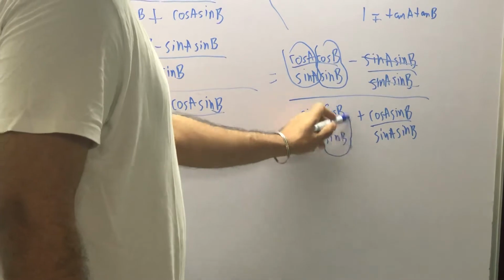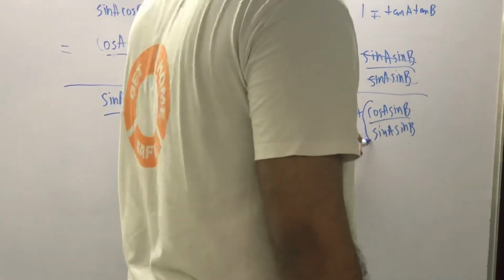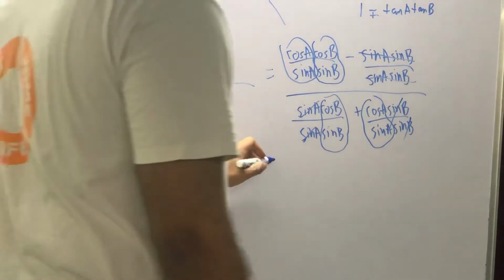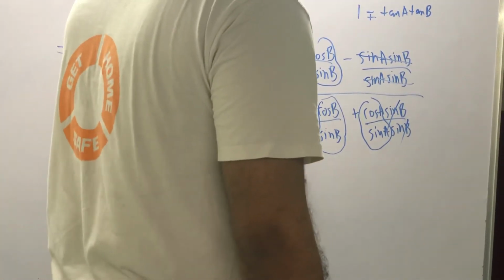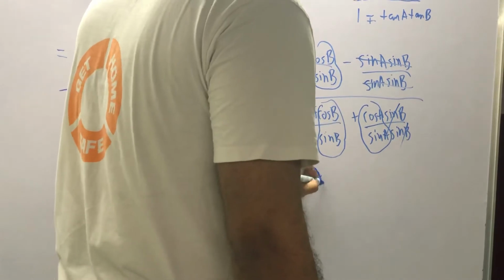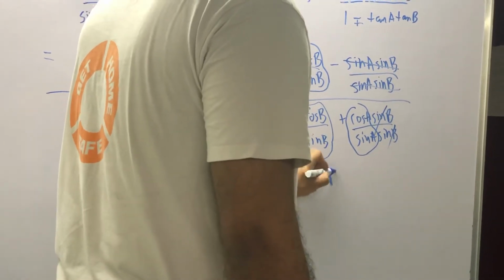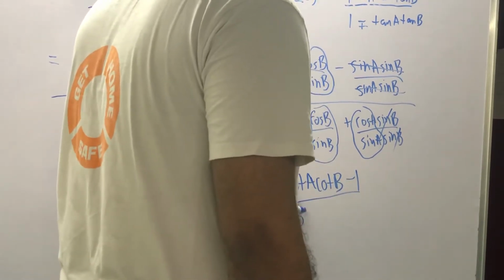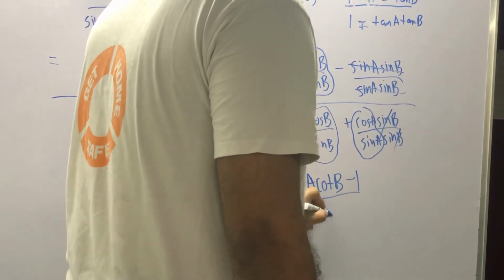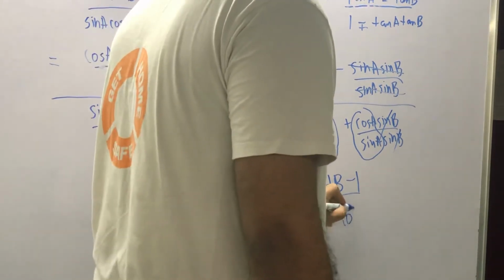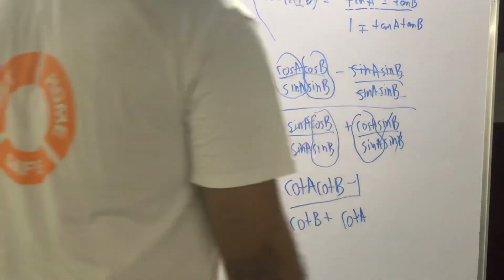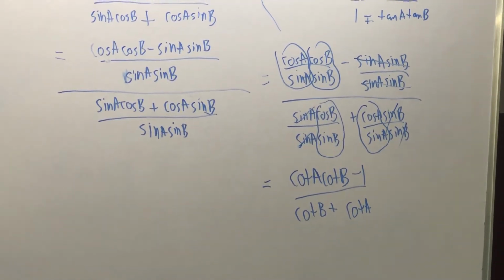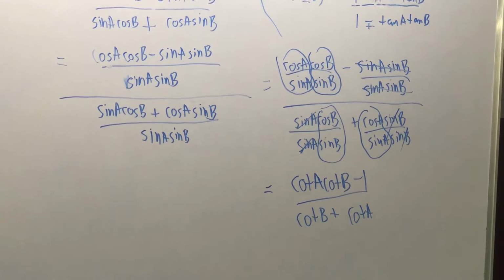Cos B upon sin B is cot B. Cos A upon sin A is cot A. Sin B cancels. So you will get the formula as cot A cot B minus 1 upon cot B plus cot A. This is the formula for cot A plus B.